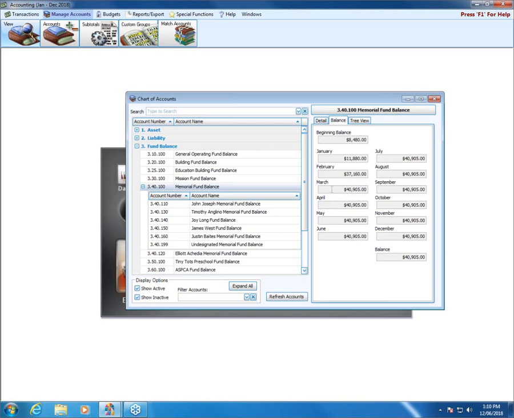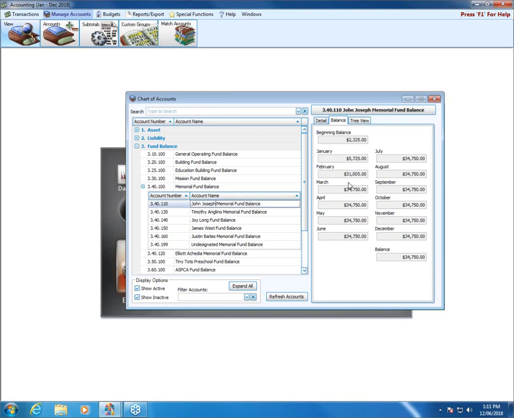As of March 2018, all of these funds have maintained a consistent balance collectively of $40,905. When I want to look at any one of the individual memorial funds, I simply highlight it, steer my focus to the balance tab, and there's how much I have in that individual memorial. We're now beginning to see the beauty of what fund accounting can do for you.